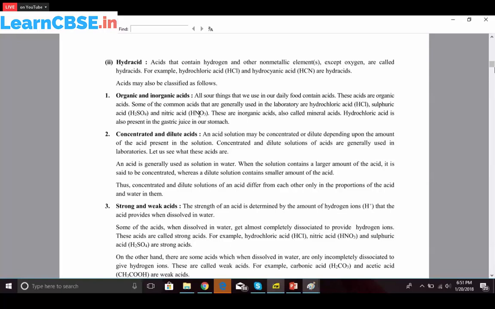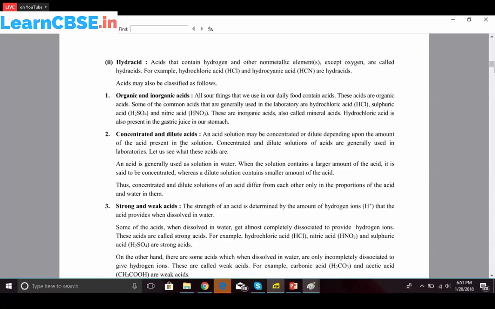Inorganic acids contain non-metals such as chlorine, nitrogen, and sulfur. Inorganic acids are also called mineral acids. HCl is also present in the gastric juice in our stomach.